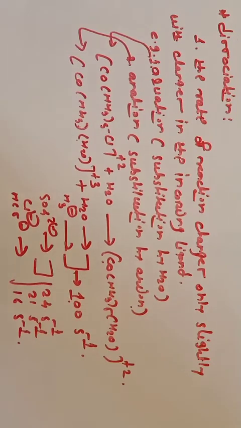So it will show only a slight change. So this is the first evidence. You should keep in mind the reaction, that is the anation reaction: substitution of one or more water molecules by an anion.